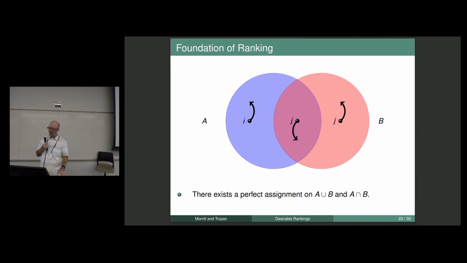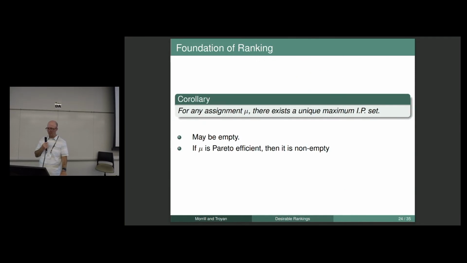And so we have this nice decomposition of everybody has to be pointing in the right areas, and that implies that we're going to get this nice lattice result, the union and the intersection. And this is really the foundation. So once we can identify the maximum isolated perfectly set, this has to be the set of schools that's ranked last.